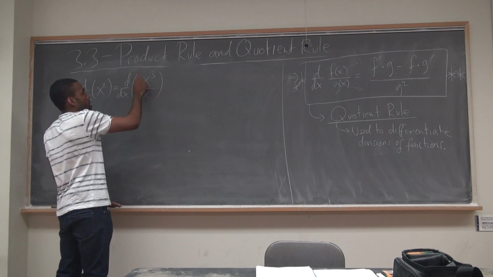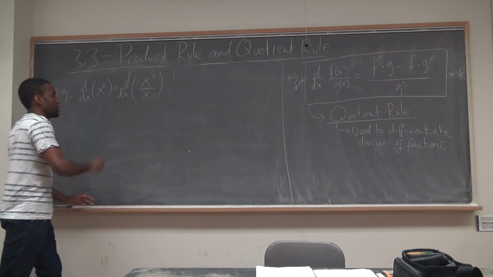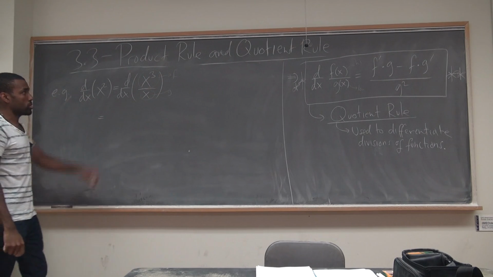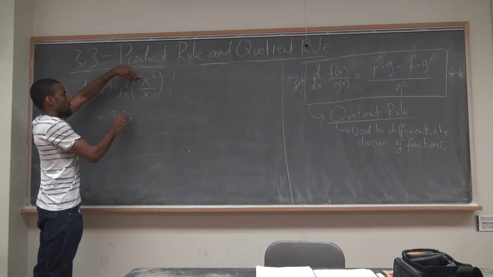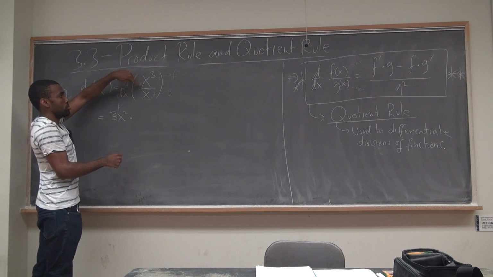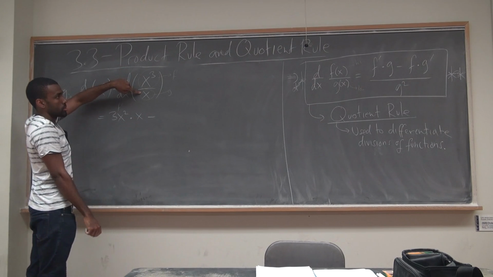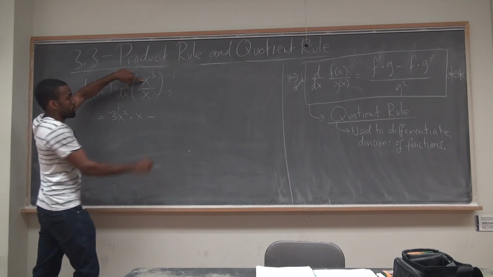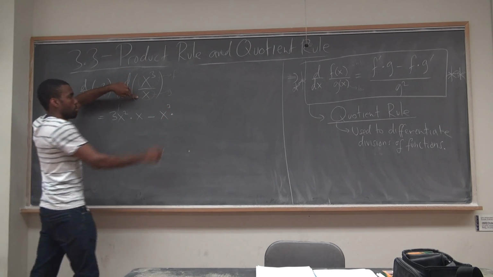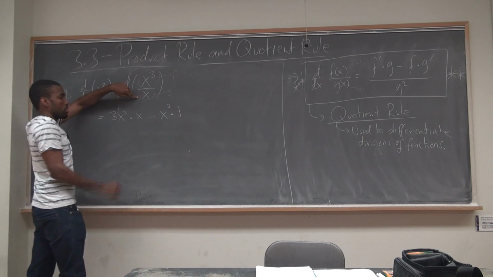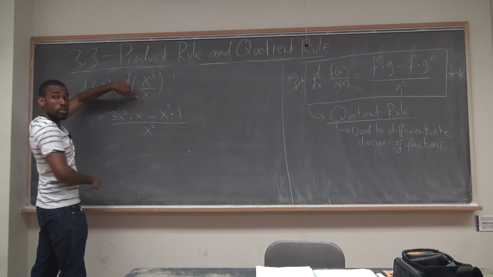Well, here, this is my f, that is my g. So what I'm going to do is take f prime times g, minus f times g prime, over g squared, which is x squared.